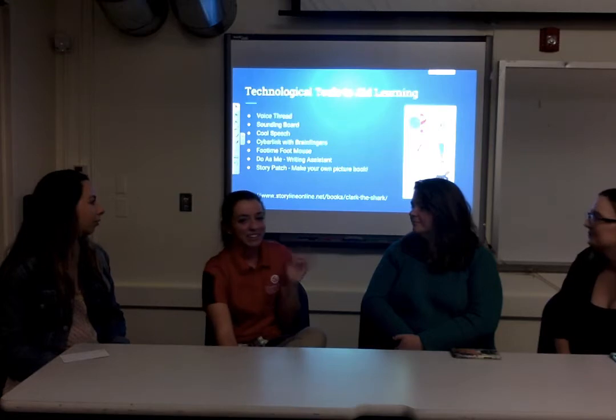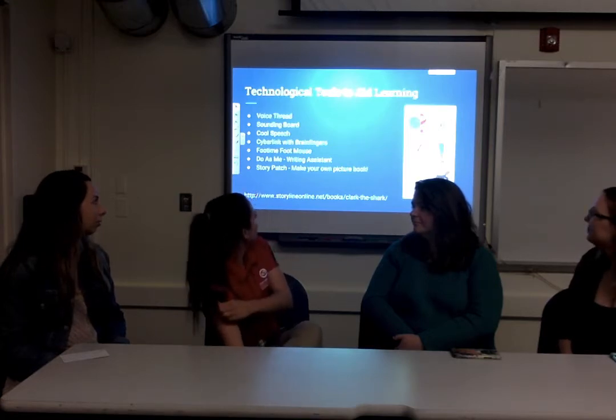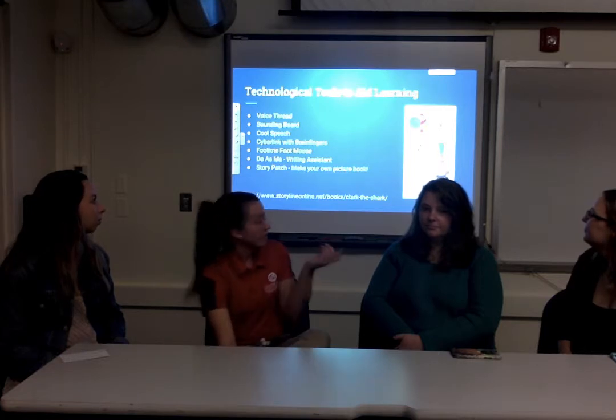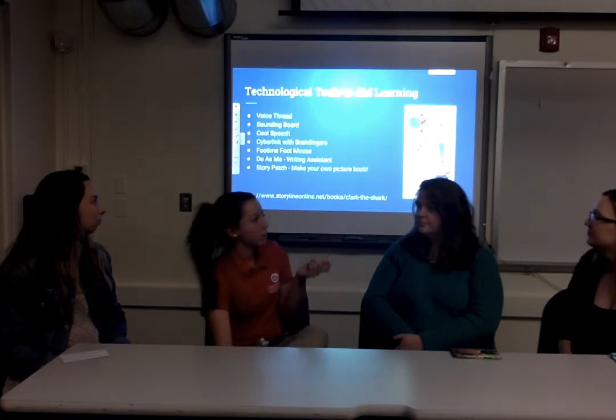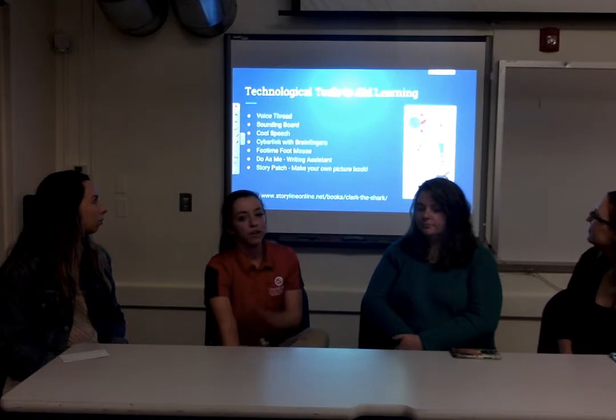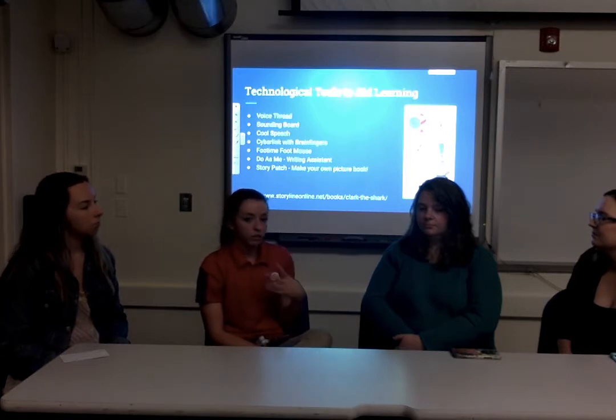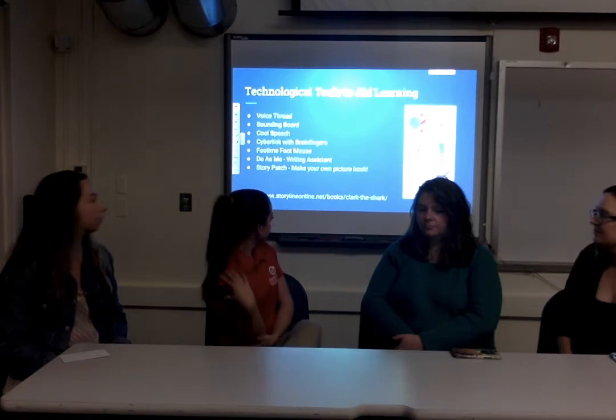And they don't mix up their letters. And then the last one is called Story Patch. With this one you can make your own storybook using pictures. So it's kind of similar to the Sounding Board one, right? In order to create their stories, they're just using pictures, and then they can also have an option to add words too if they want. But it's really good for visual learners, so they can put the text with words.